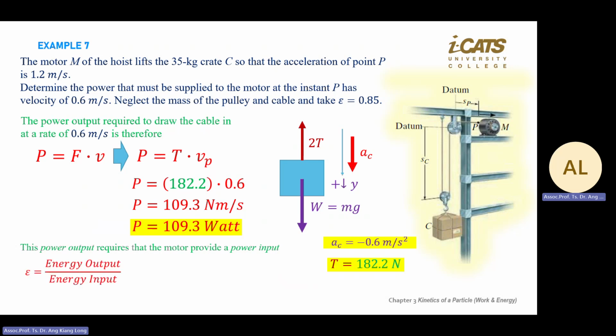So what you do, you call out efficiency equals energy output divided by input. On the left hand side, it's given. So your output is known, and you need to find your input.